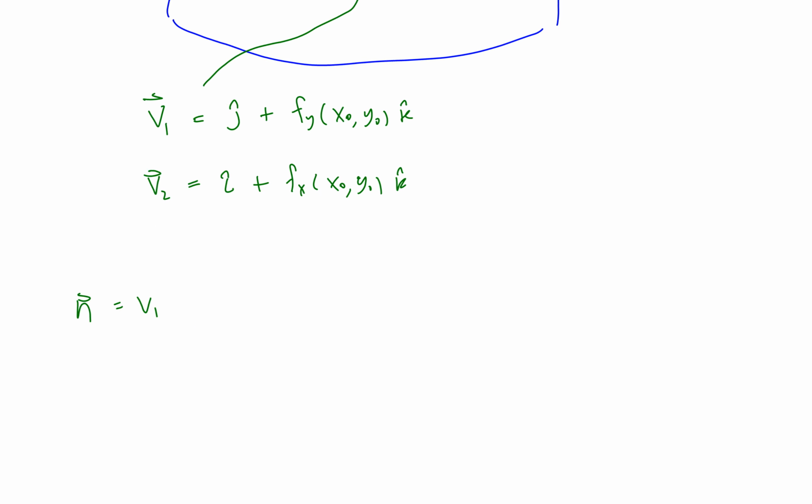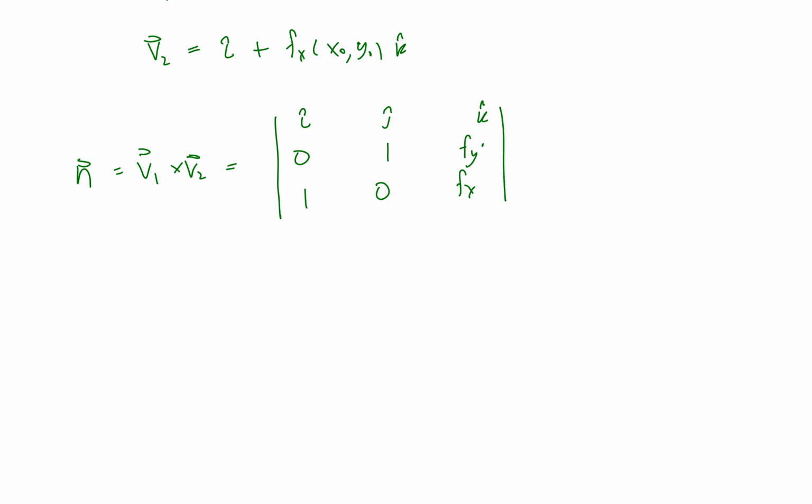Our normal vector would be v1 cross v2. This would be 0, 1, f sub y, and 1, 0, f sub x. I'll put the points in at the end, but this will save us a little writing. So this then would be f sub x, x0, y0, i, minus, let's see, so then cover that.